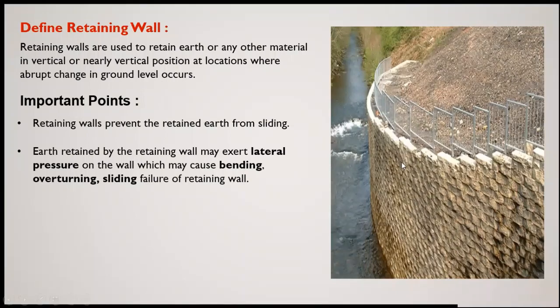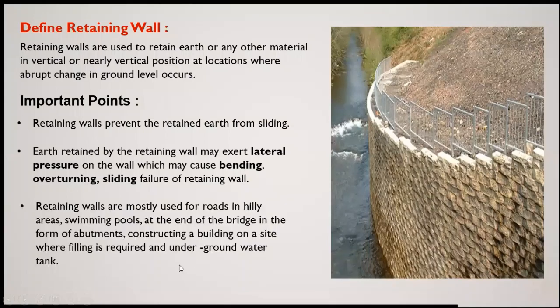If your retaining wall is not of the required strength, then it may bend, it may overturn, or it may slide from its position and move away from the backfill. That will be the failure of the retaining wall. Then its purpose of retaining the material, retaining the earth, will not be achievable.